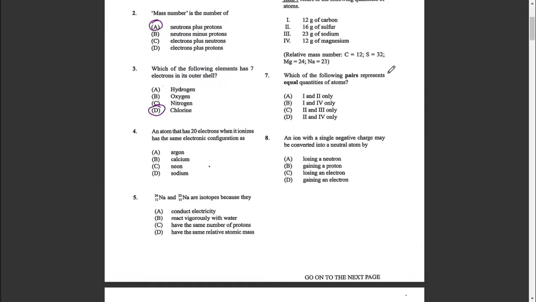Question 4. An atom that has 20 electrons when it is ionized has the same electronic configuration as. So if this atom is ionized, it has 2, 8, 8, 2, and when it is ionized it has 2, 8, 8, right?